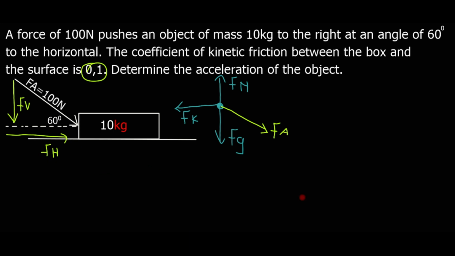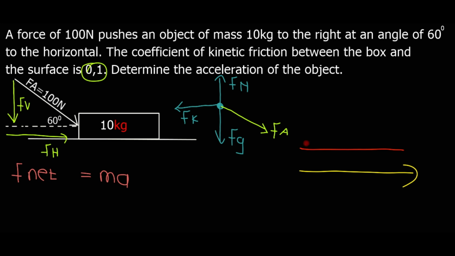So now let's see. Fnet equals MA. For Fnet, we only use the forces that are parallel to the direction of motion. The object moves to the right, so friction is parallel to this direction of motion, but in the opposite direction, and then a horizontal force to the right.